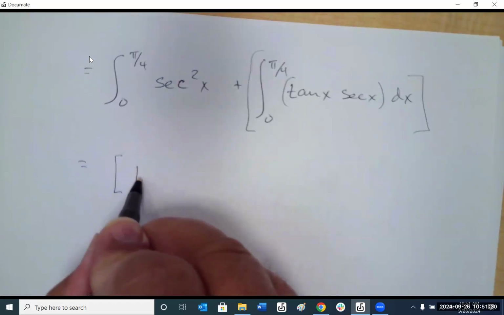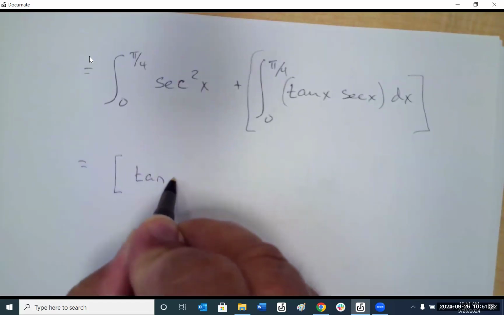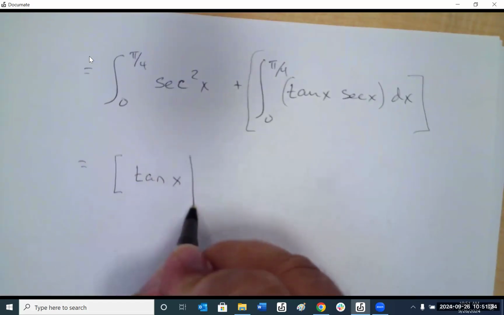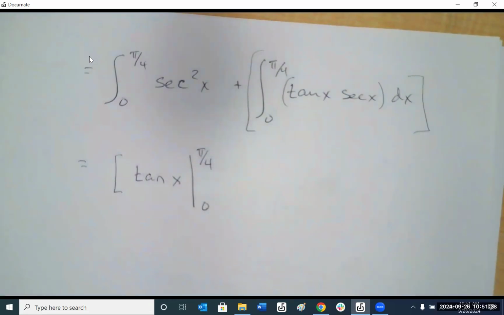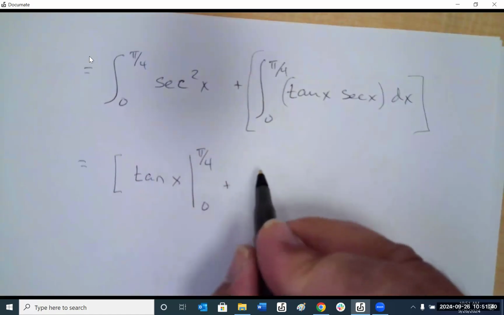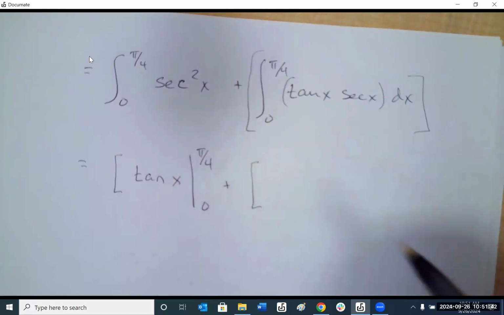It's number 8 on your sheet. So it's tangent x from 0 to pi over 4. Now the integral of tangent secant.